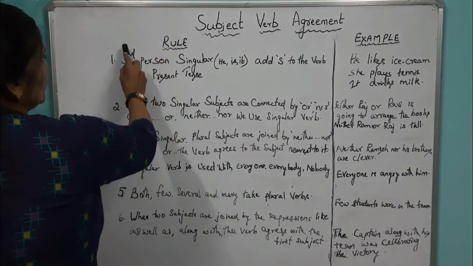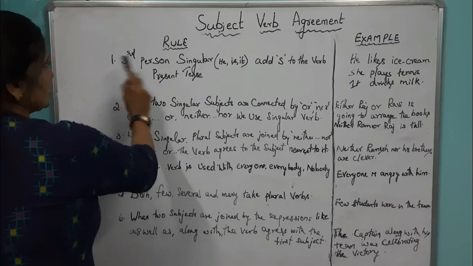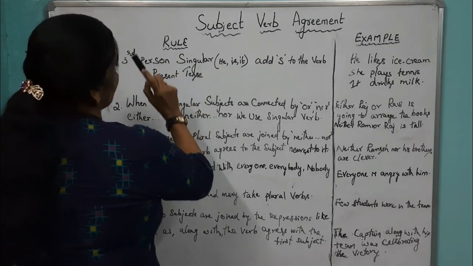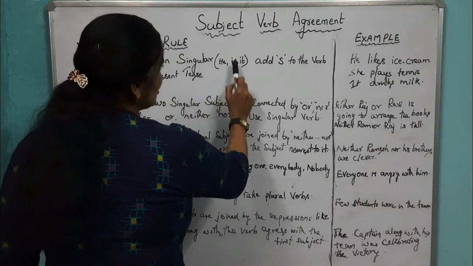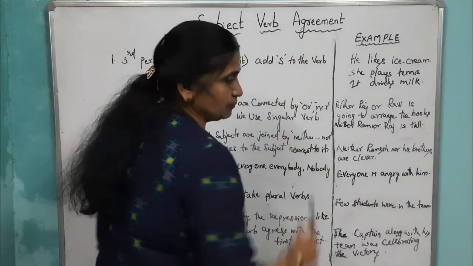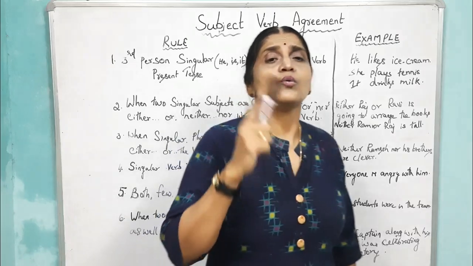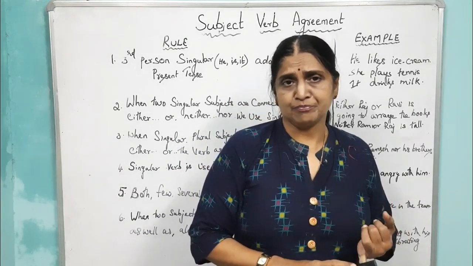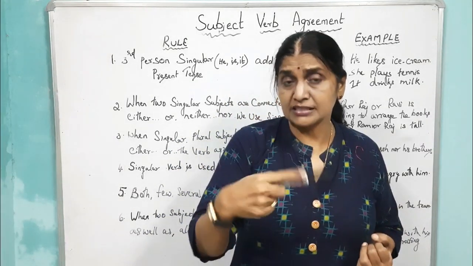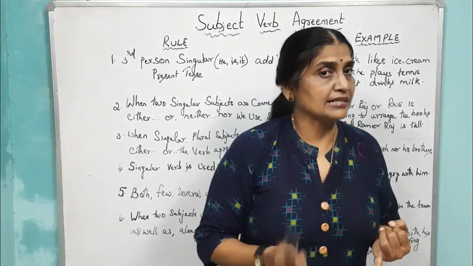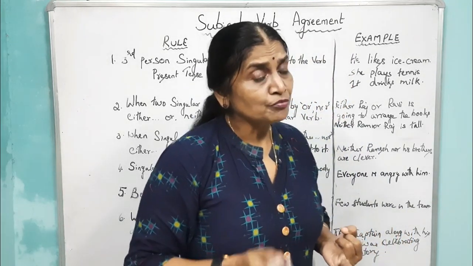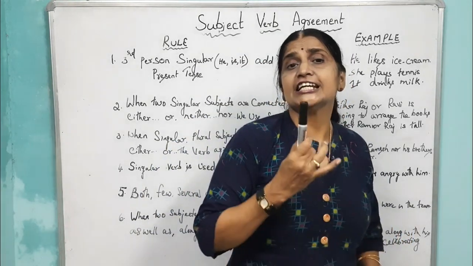The first rule says that in the third person present tense, that is he, she, it, add s to the verb. First you should know the persons. First person is I, second person is you, third person is he, she, it.